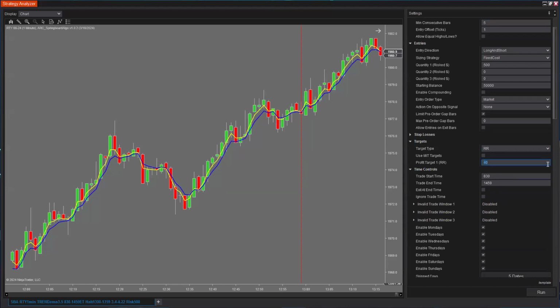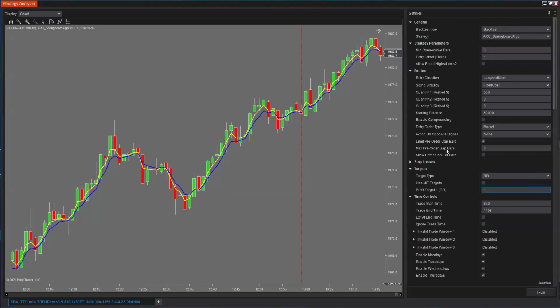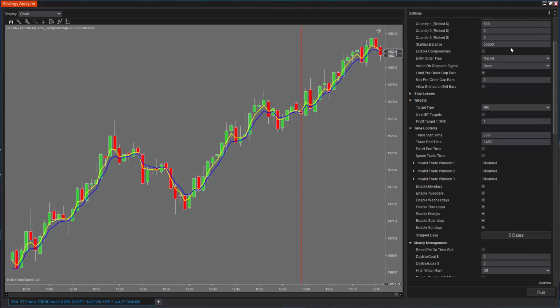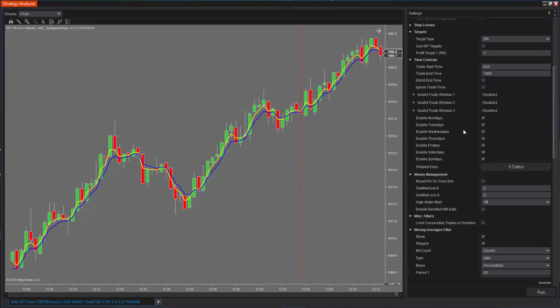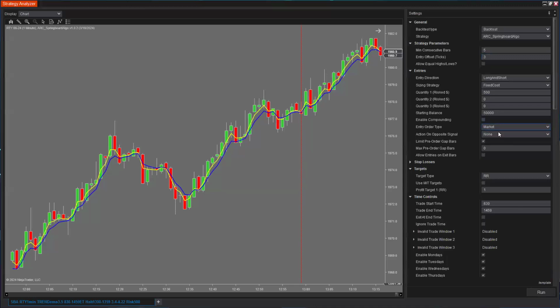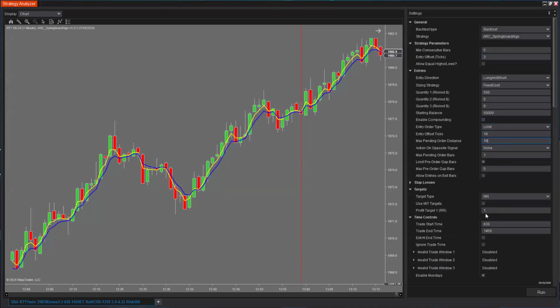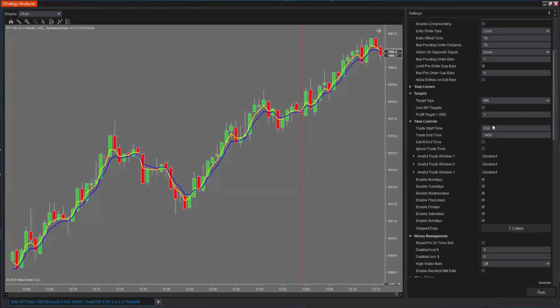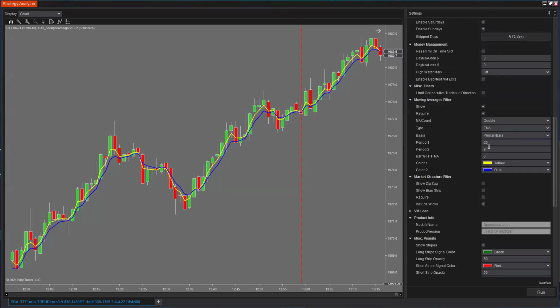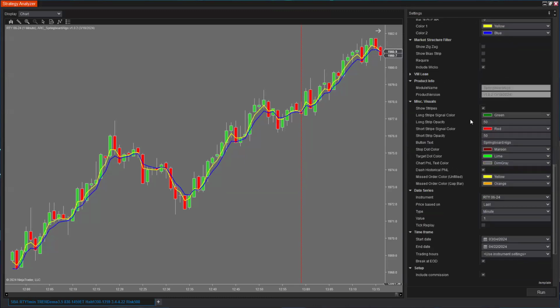Check out the brain training and you guys will see that as well. Risk reward, let's just go 1-to-1. And 5 entry offset. Let's go 3. Market, cool. Let's go limit. We'll show you what that looks like. Entry offset 10, max 10. Cool.